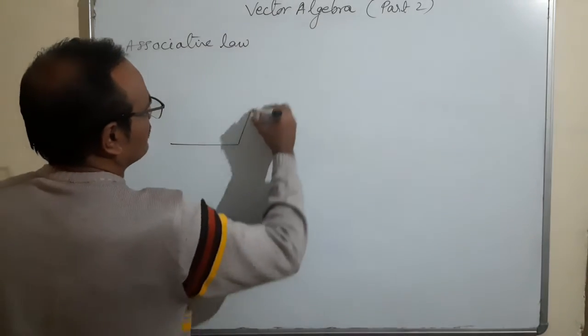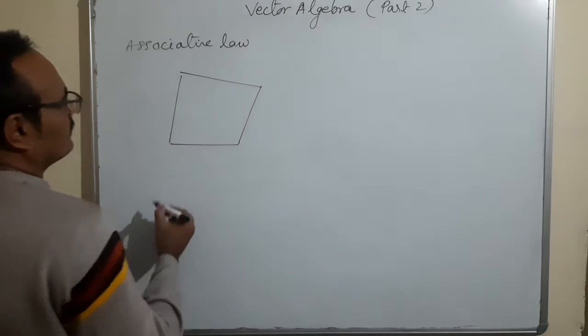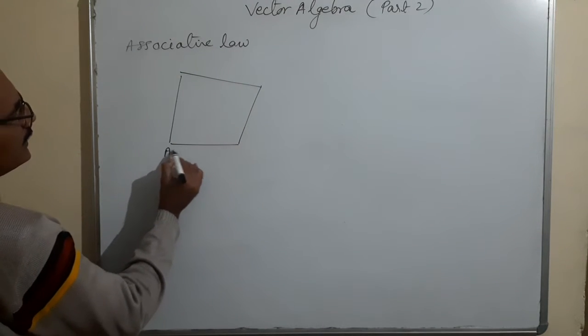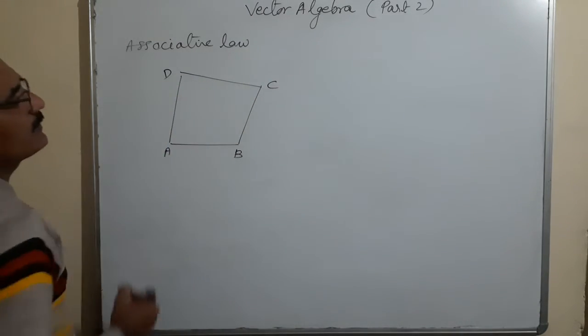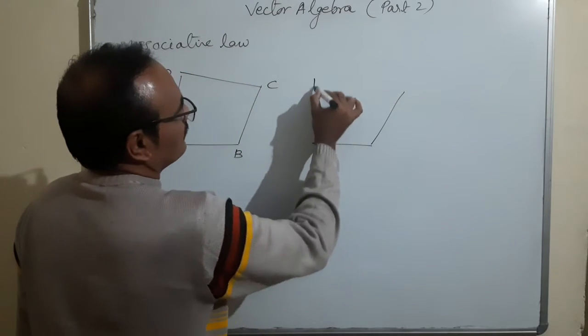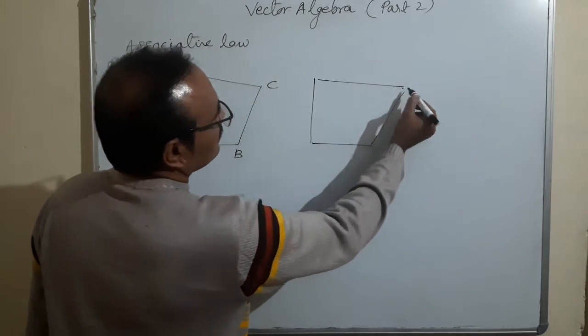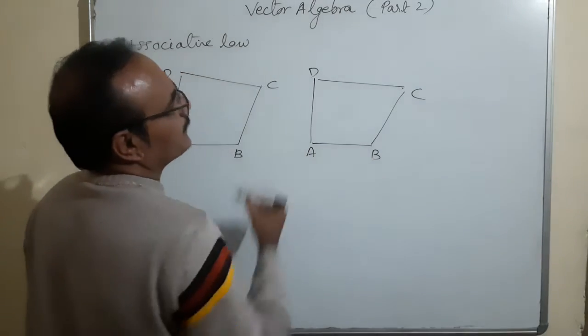This is a quadrilateral, suppose A, B, C and D. The second quadrilateral is the same, A, B, C and D.